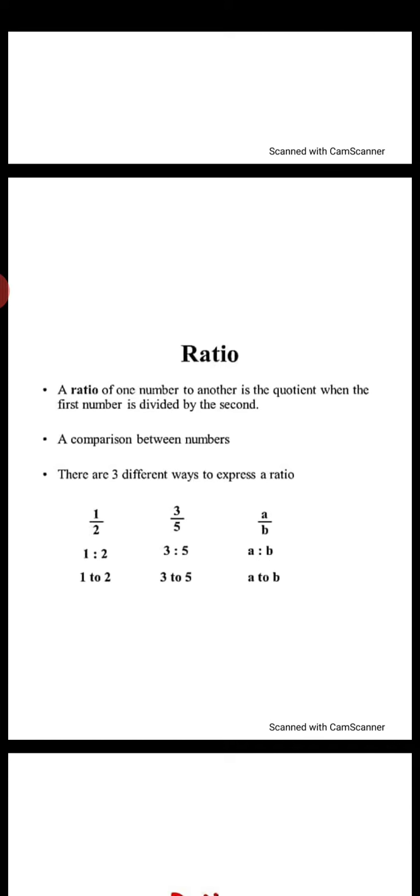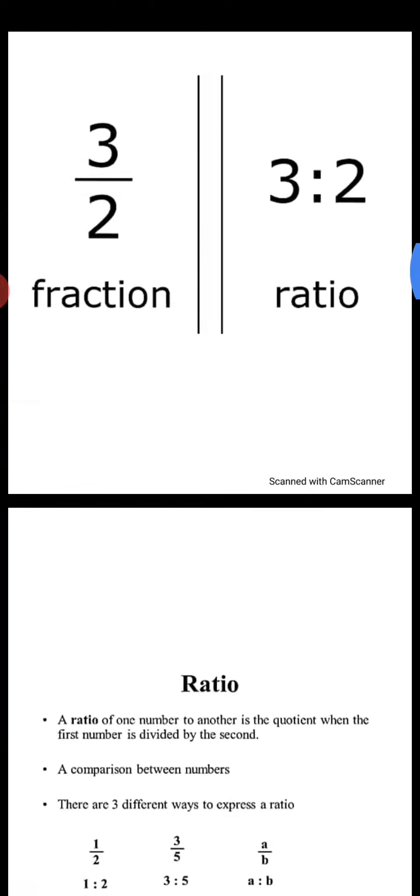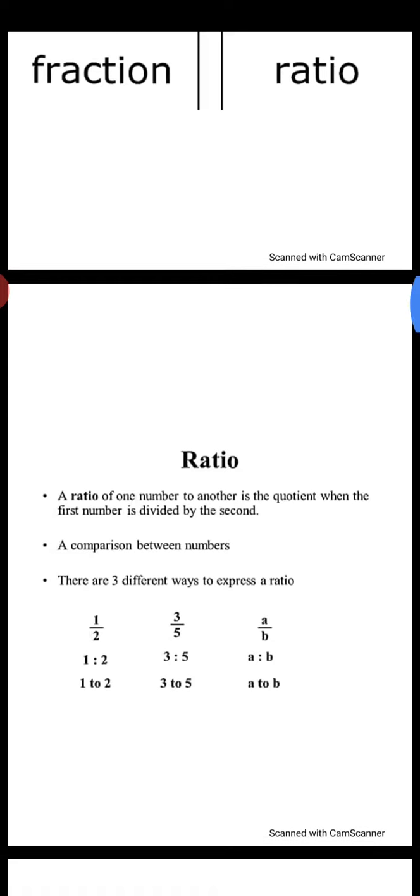In the first example, 1 sits on the top of 2, separated by a fraction bar. We can also write it as 1 colon 2, or say 1 to 2.